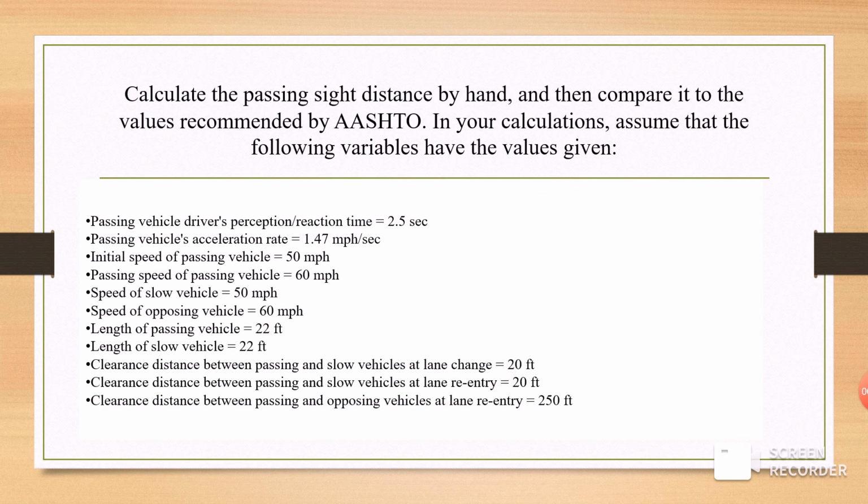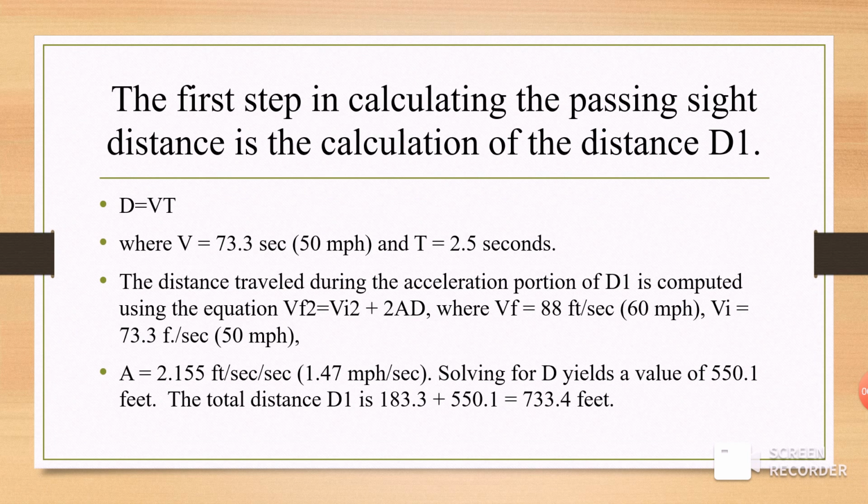So first, we need to calculate the passing sight distance D1. So we use the formula D equals Vt, where V is equal to 73.3 feet per second and the time is 2.5 seconds. So the distance traveled during the acceleration portion of D1 is computed using the equation VF squared is equal to VI squared plus 2AD, where VF is equal to 88 feet per second and VI is 73.3 feet per second.